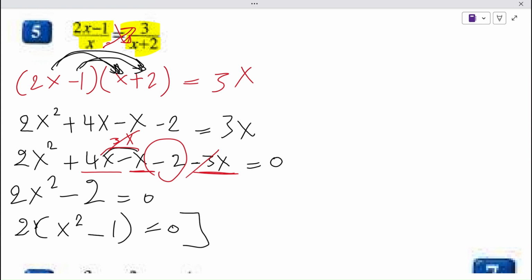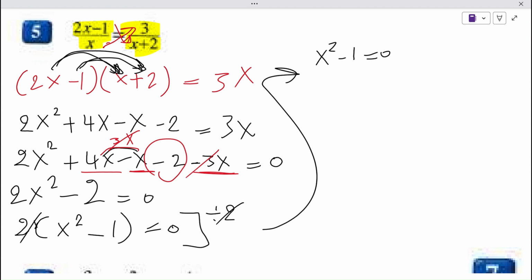Divide both sides by 2, this cancels, so this becomes x squared minus 1 is equal to 0. X squared minus 1 becomes x squared is equal to 1. Then by taking the square root of both sides, x is equal to plus or minus 1.